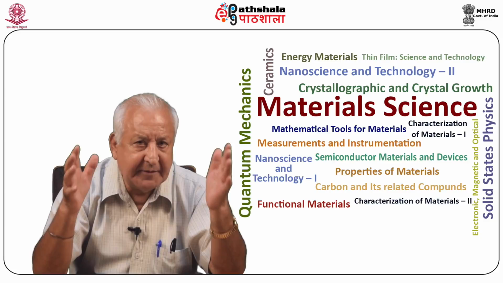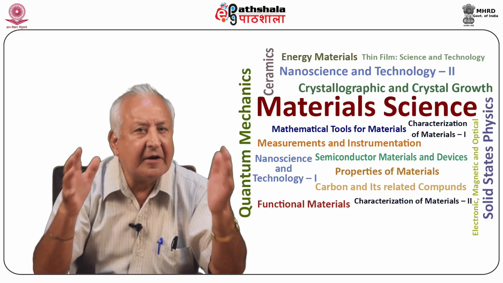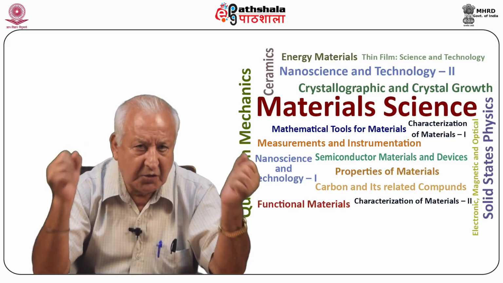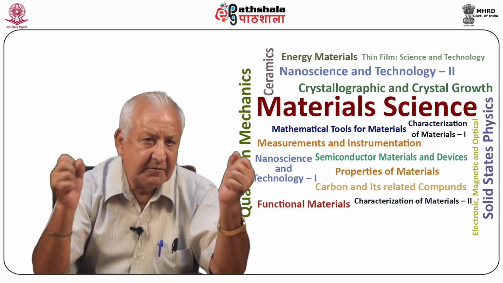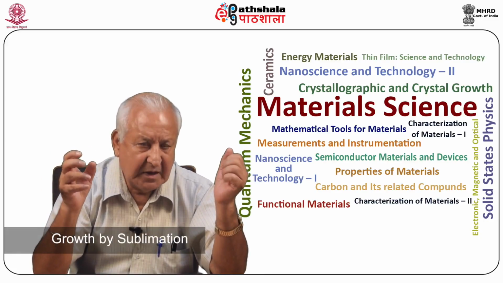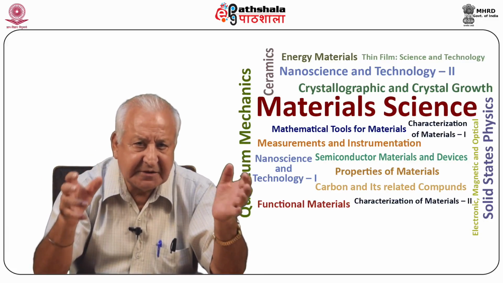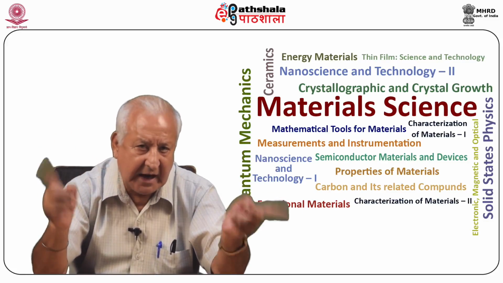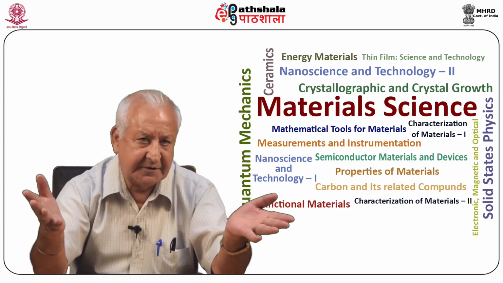A very brief description of some fundamentals regarding important technique of crystal growth from vapor phase may be given here. Growth by sublimation. In this method, the substance is converted directly from solid to the gas via liquid phase.